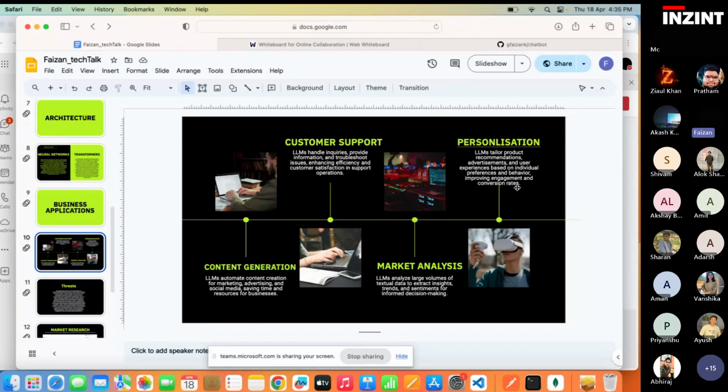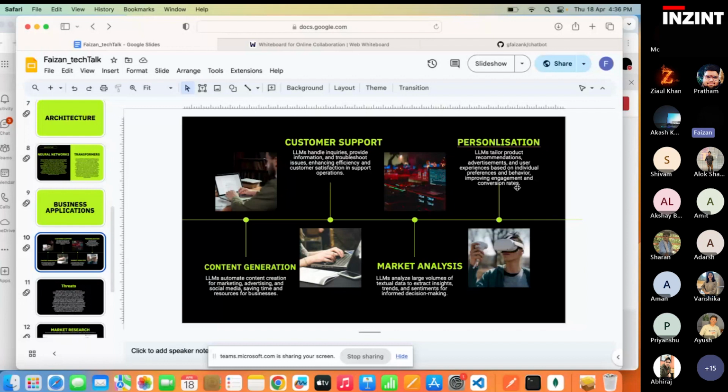LLMs leverage natural language processing techniques to understand user intent and context. So this allows for more relevant and timely recommendations to our users. Let's say Amazon has already integrated AI into its search and its search chatbot.